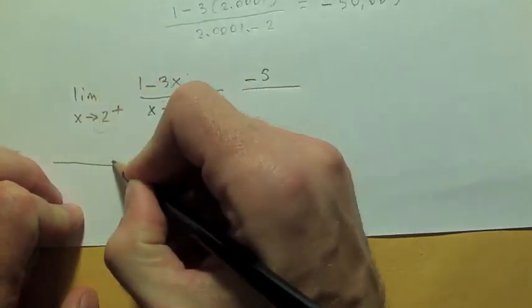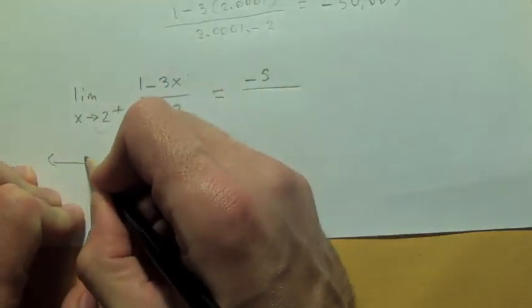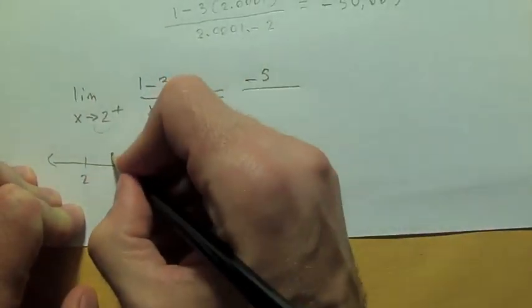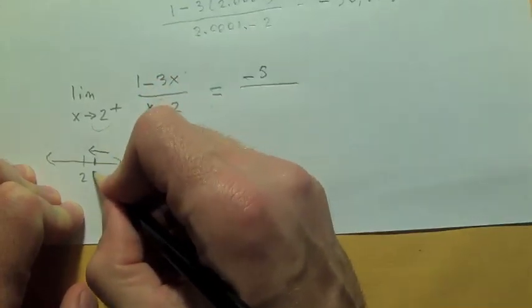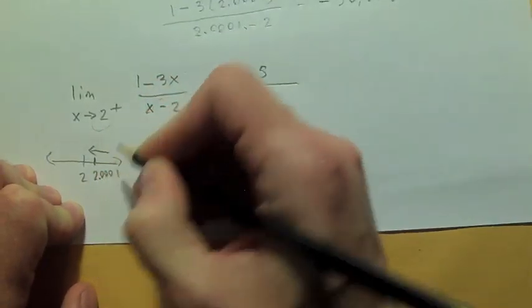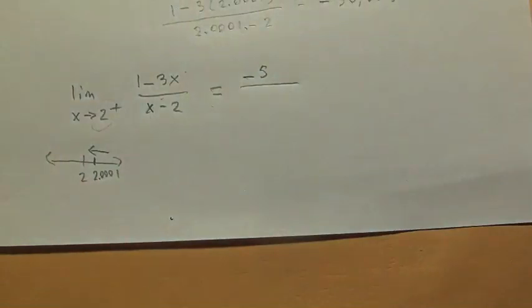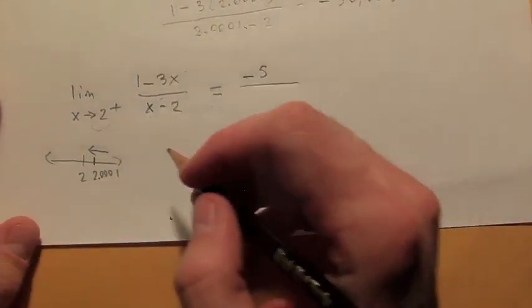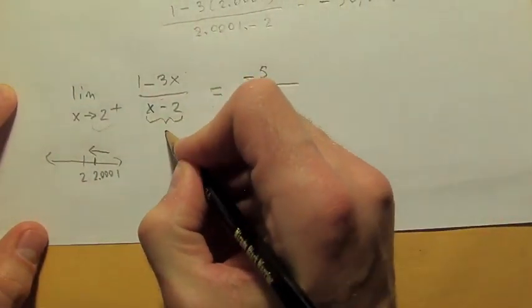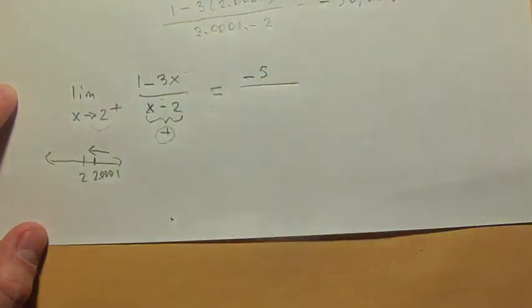Because if we think of our number line, here's 2. 2 from the right is coming this way, so we're looking again at things like 2.0001, but no matter what, this guy here is positive.